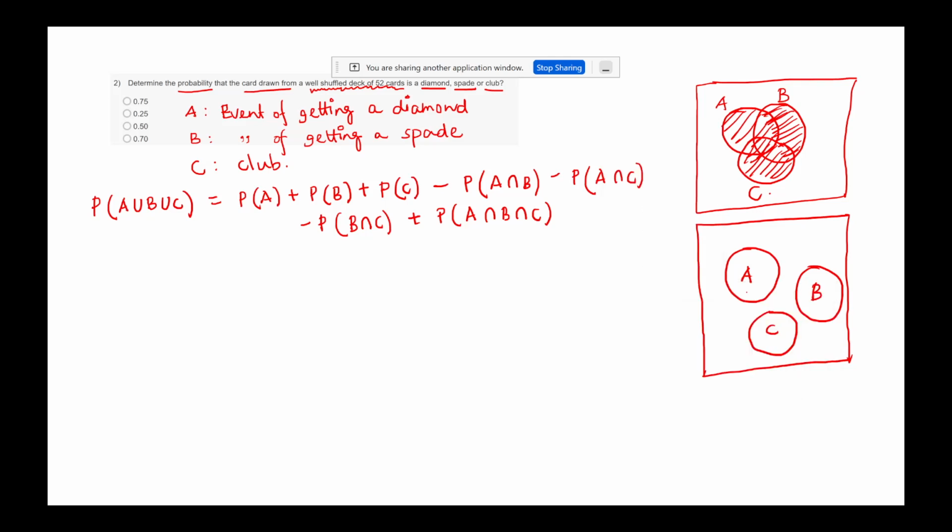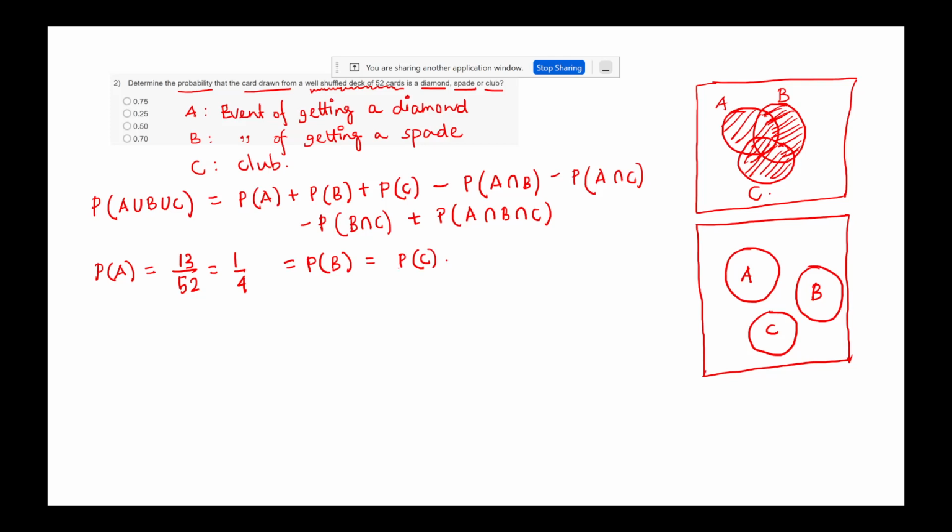So for our problem, the probability of A, getting a diamond, is 13 by 52, which is 1 by 4. Same will be for spade, and the same for club.